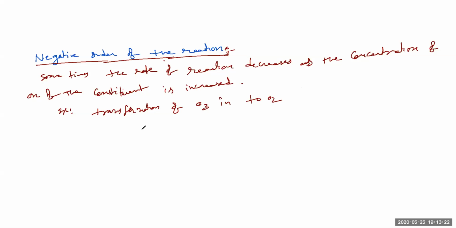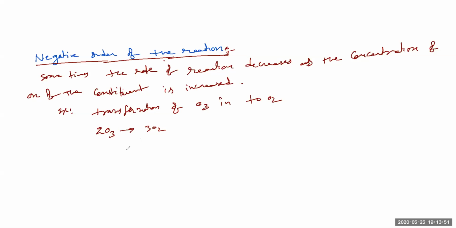In the previous example I gave, second order, ozone converts into oxygen at high temperature, that is at 100 degrees centigrade. Now it is normal temperature: 2 O3 gives rise to 3 O2.